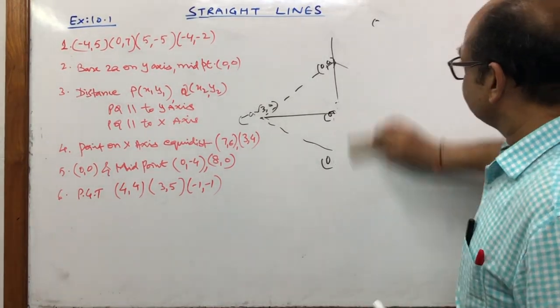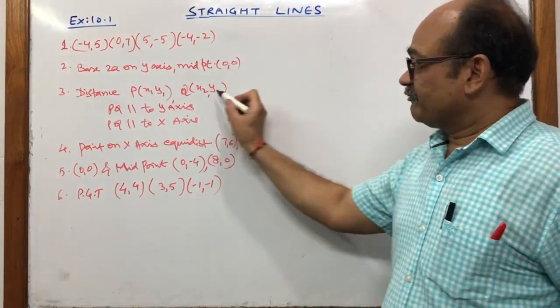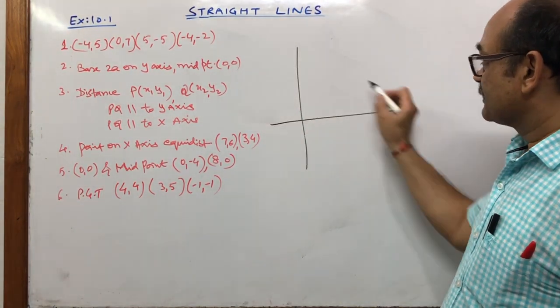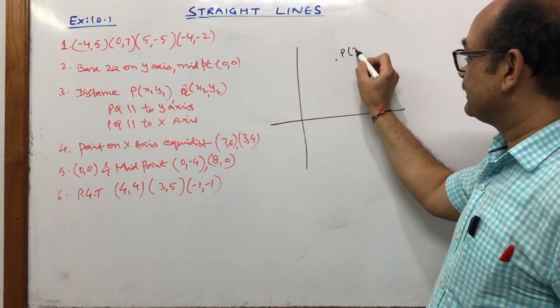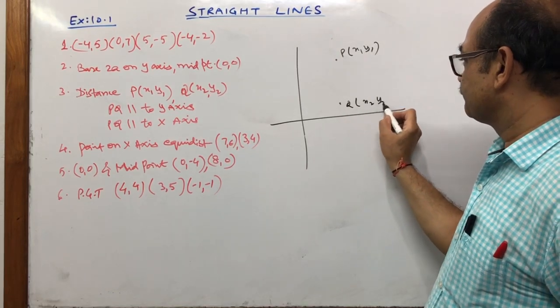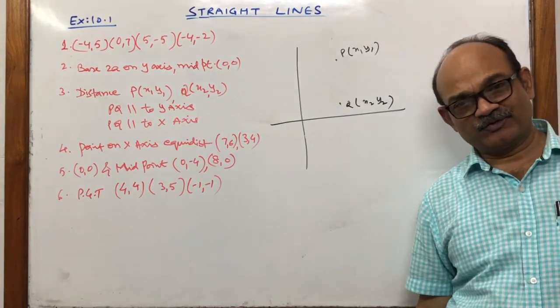Third question. x1, y1 and x2, y2 are the 2 points. Say P is x1, y1 and Q is x2, y2. First we have to calculate the distance. You know the distance formula, so it's for your homework.